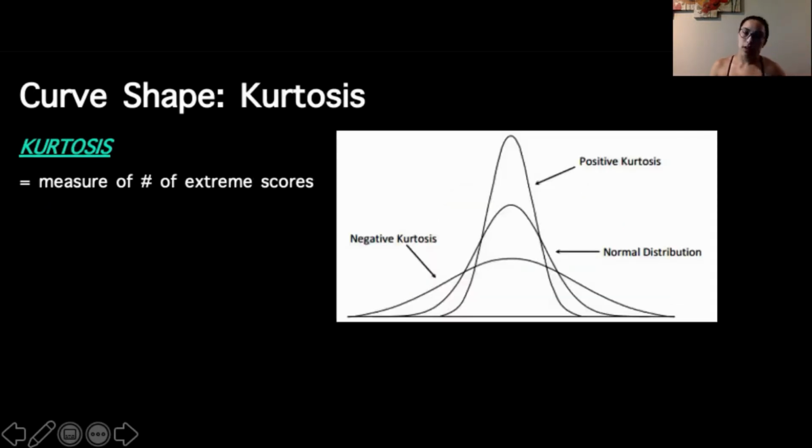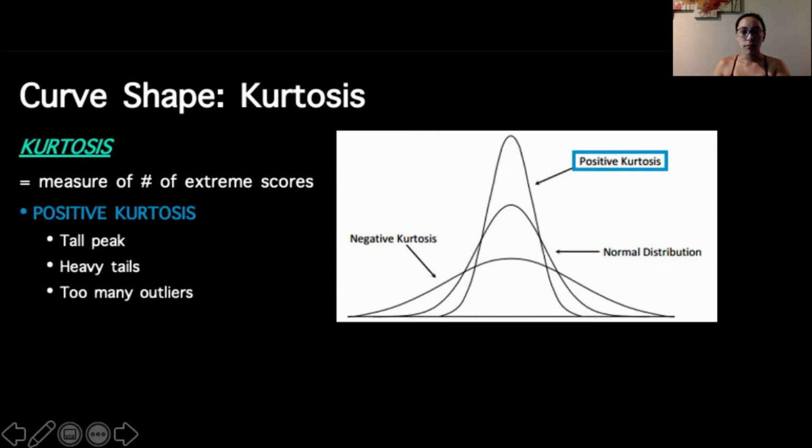Kurtosis is another way that we can describe curve shape, and this is looking at the number of extreme scores. So do you have a lot of them? It could be on one side, it could be on both sides, or do you have very, very few? Positive kurtosis, so let's orient ourselves. Our normal distribution is the one in the center, this one here.